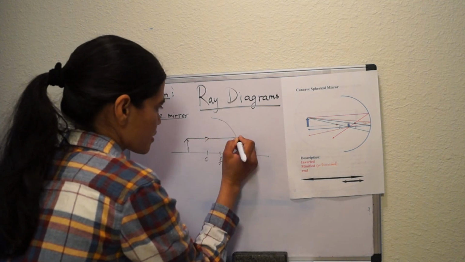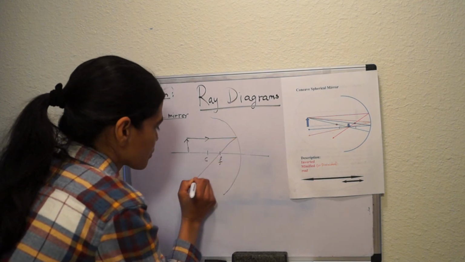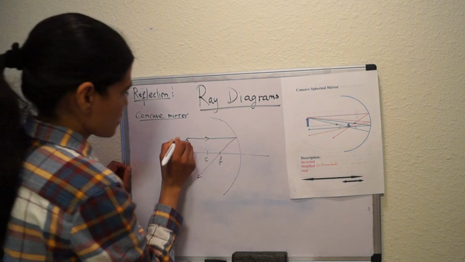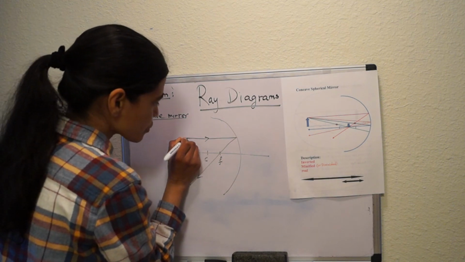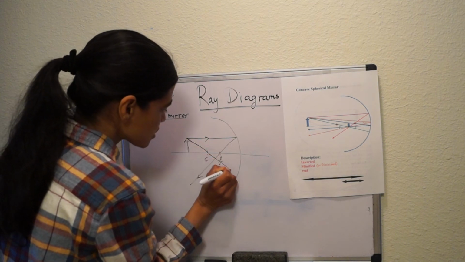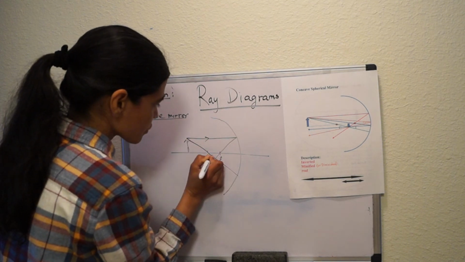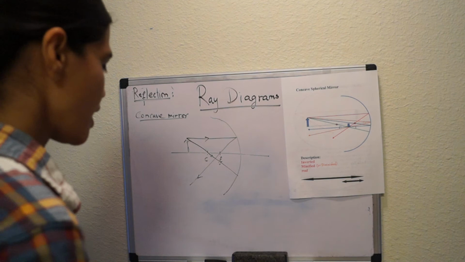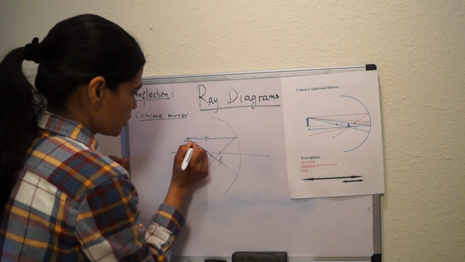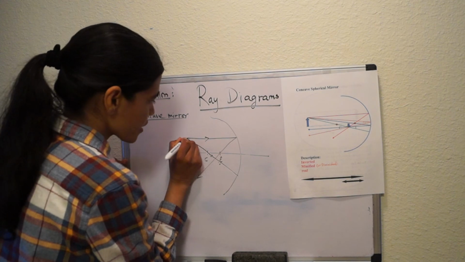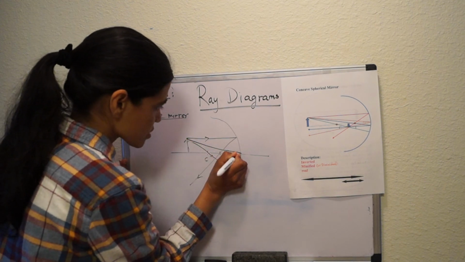A ray goes here, and then it reflects through this point here. The other ray goes through the center and reflects through the same thing, okay? And then there is also another ray that goes like this.